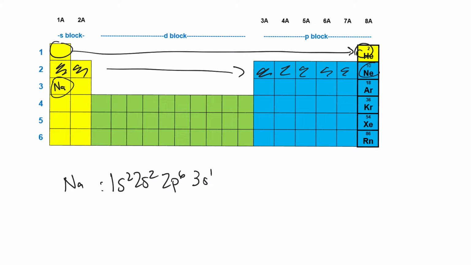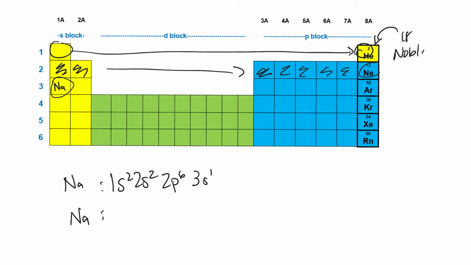Now, when it comes to writing the noble gas configuration for sodium, the name of the game is really substitution. You're going to choose the noble gas that comes right before the element in question. Recall the noble gases are all in the last column of the periodic table, column 18.